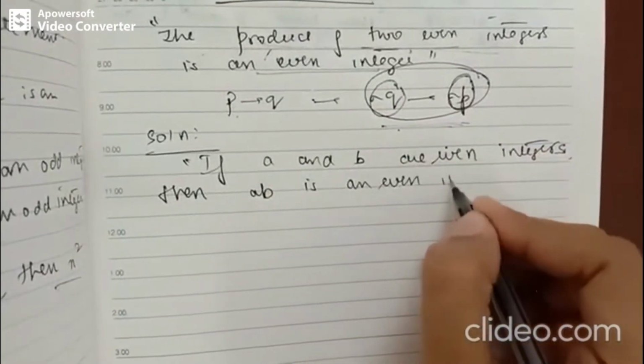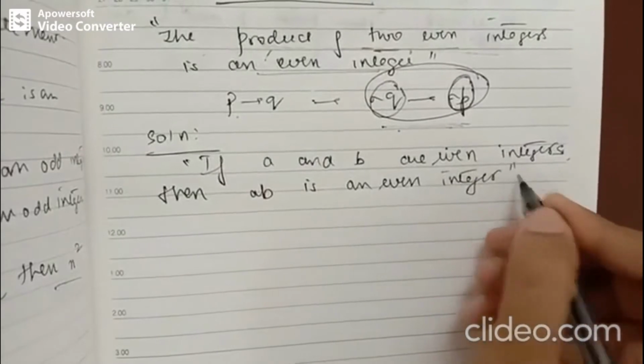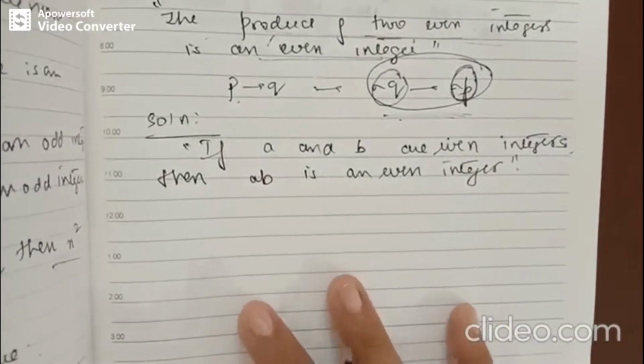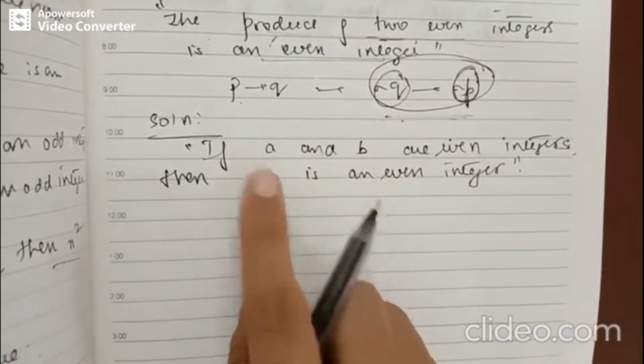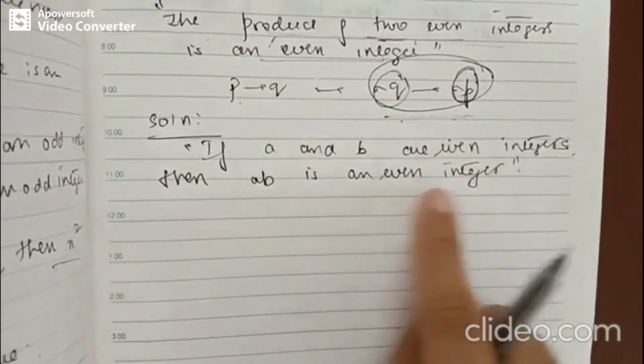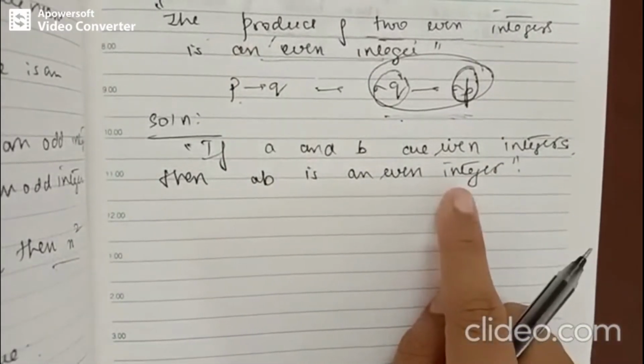This is how I can translate the question into variable form.